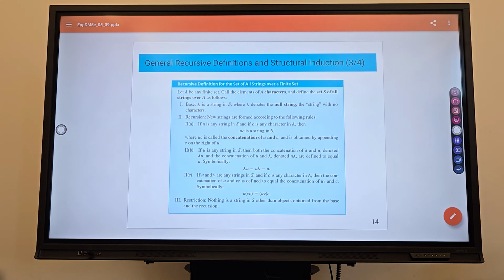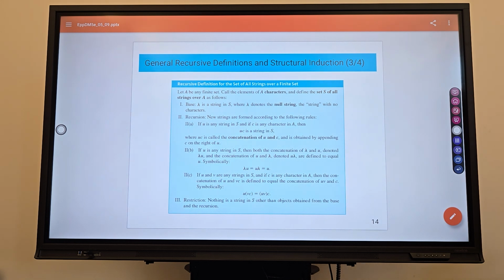If U is any string in S, then both the concatenation of lambda and U, denoted by lambda U, and the concatenation of U and lambda, denoted U lambda, are defined to equal U. Symbolically, lambda U equals U lambda equals U.